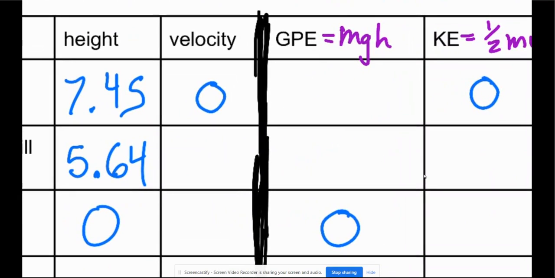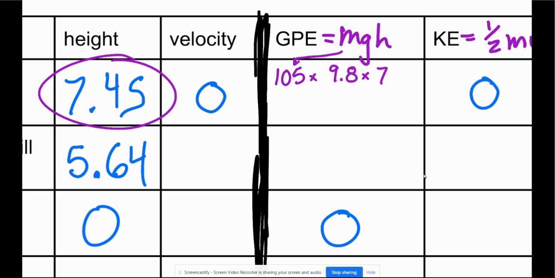So to figure this out, we're going to go 105 times, so that's just the mass. G is always going to be 9.8 on Earth. And then my height was given to you over here, so that is 7.45. Throw that in a calculator, and I get 7,666.05. If you leave off the 0.05, that's fine.